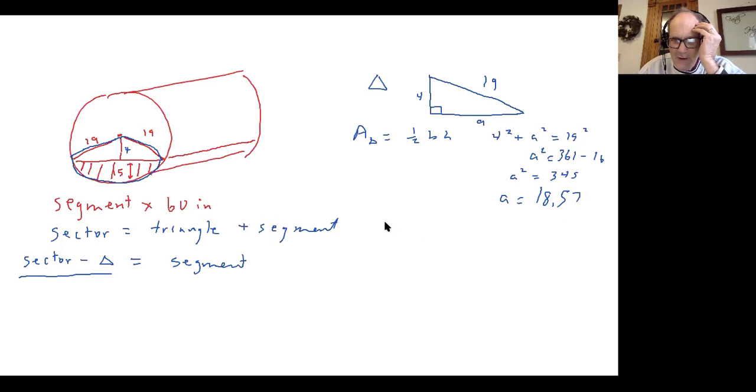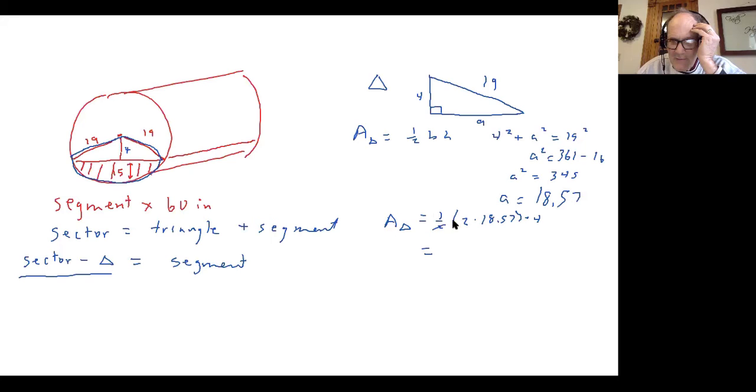So back to the area of our triangle: 1/2 times 2 times the 18.57, because I want to find the whole triangle here, so I need that whole base, times 4.